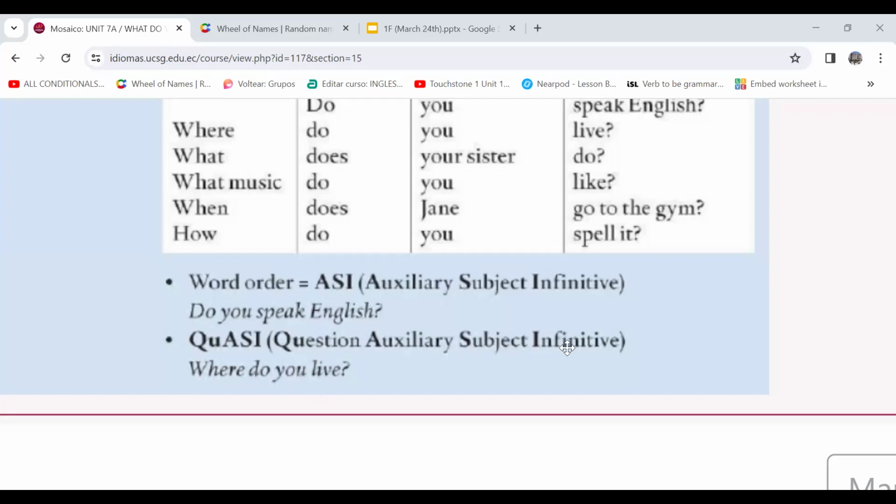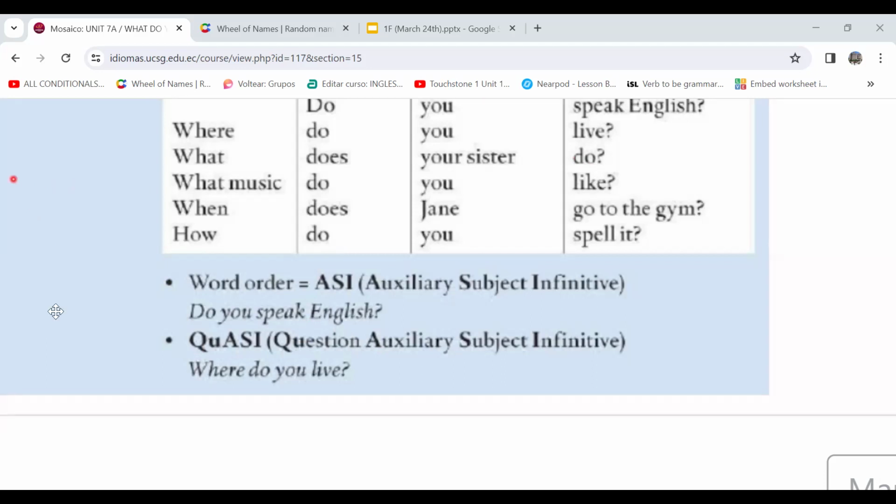Question, auxiliary, subject, and infinitive. ¿Qué más, chicos? Esto está, pero para grabarse nada más, ¿ok? QASI. QASI, when you have, where do you live? What does your sister do? Esta es la question. Esta es la A de auxiliary. This is S, la S de subject. Y esta es la I de infinitive. Okay, the verb.